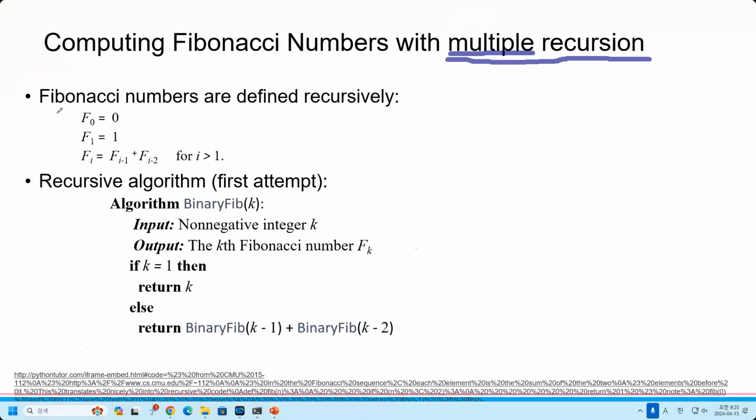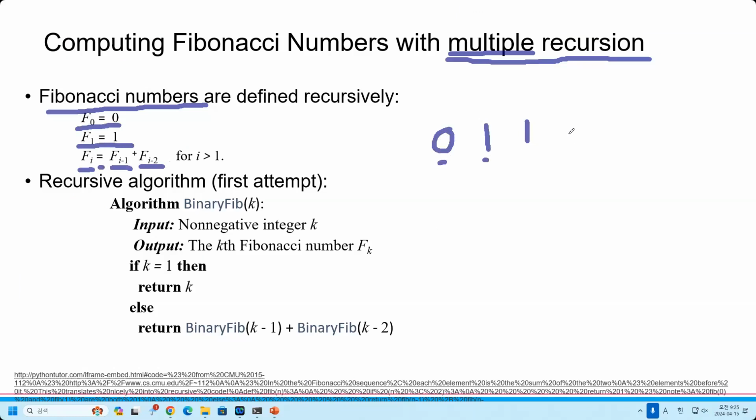So for example, we know the Fibonacci numbers will start from 0 and 1. So Fi will be equal to Fi minus 1 plus Fi minus 2. So if I have 0 and 1, then the next will be 0 plus 1, which is 1.